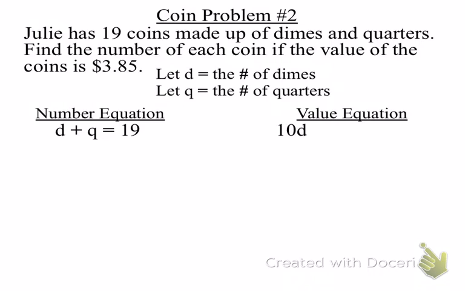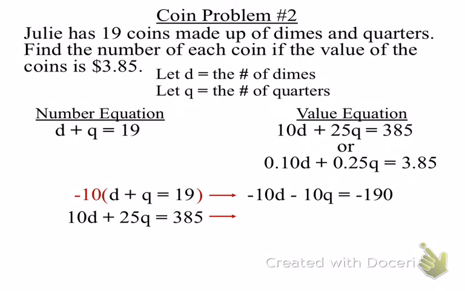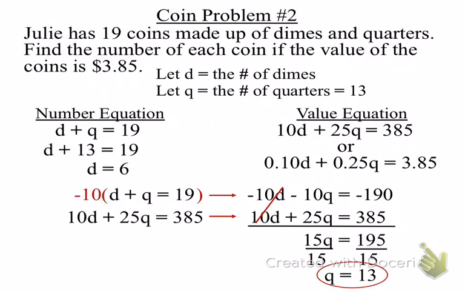Right away, I can just multiply that first equation by 10 and then do elimination. So then I get 15q equals 195, divide by 15, and q is 13. If I have 13 quarters, then we substitute in, and we have 6 dimes.